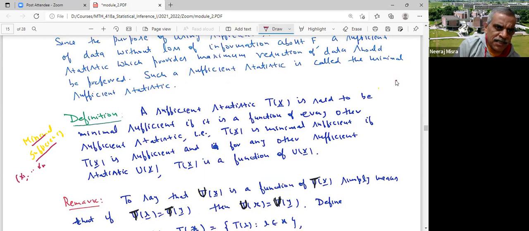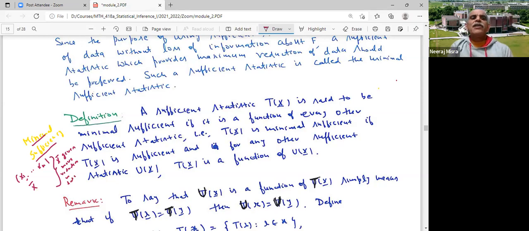This is one statistic. And another statistic is x bar. Which gives you more reduction among these two? X bar gives more reduction, right? Because it is only one dimensional. More reduction in data. And that is happening because x bar can be calculated from x1, x2, ..., xn, but x1, x2, ..., xn cannot be calculated from x bar. So it is reduction in that sense.